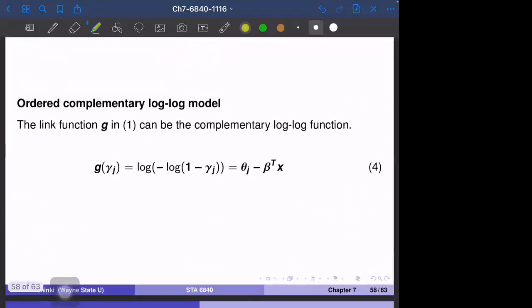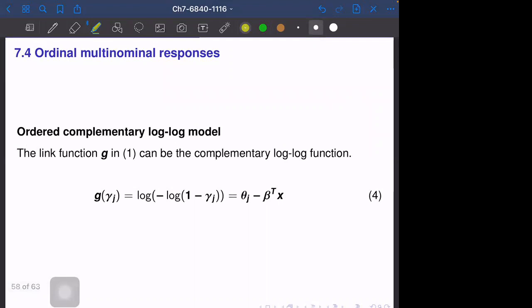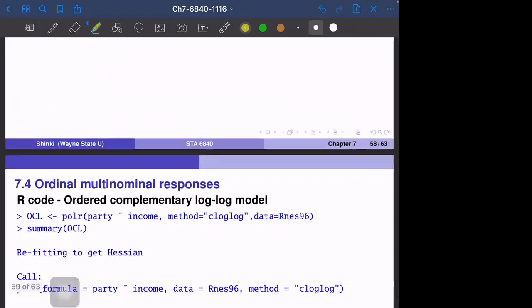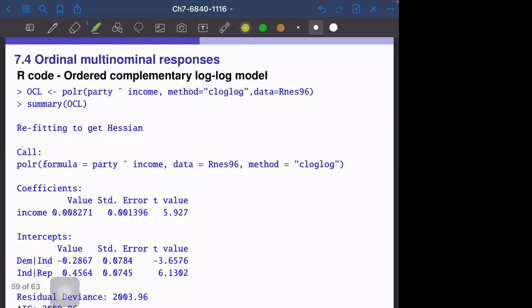The next model is the ordinal complementary log-log model. The link function G was the probit function in the previous one, but here G is the so-called complementary log-log function. It's a little hard to interpret, but this is an asymmetric distribution which appears in extreme value theory. The formulation is the same, and the R code is basically the same. You just specify the method as complementary log-log.